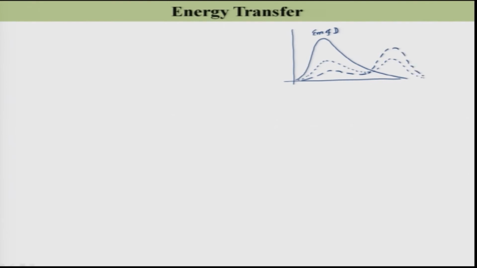Here the intensity will decrease and here the intensity will increase. If you monitor the fluorescence intensity at these two wavelengths with increasing acceptor concentration, the average distance between donor and acceptor will change, and you will get a reduction in the fluorescence intensity here and an increase at this wavelength.